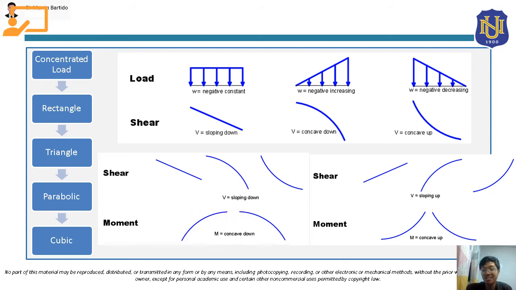So if the shear is sloping down, the moment will be sad. On the other hand, if the shear is sloping upward, the moment will be a happy moment. It will smile, like this, and also this. That's how I remember it, class, actually. And also for this, if the loading is downward, it will always be sloping down.